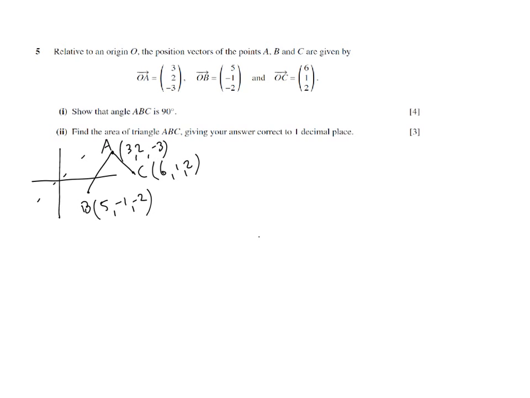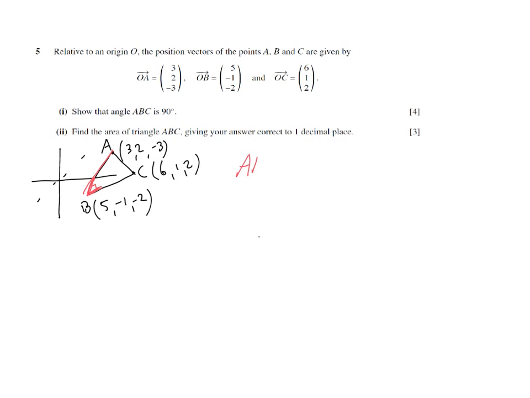So I have this triangle, and then they tell me that angle ABC is perpendicular. Because it's a three-dimensional drawing, it doesn't look perpendicular and it's a horrible sketch, but it does show me that I need to look at vector AB and vector BC. So I'm going to find vector AB.